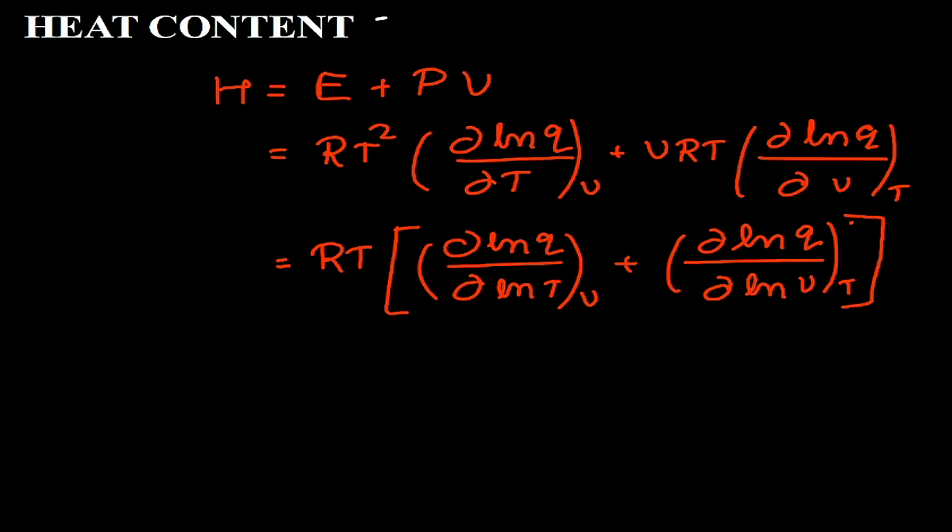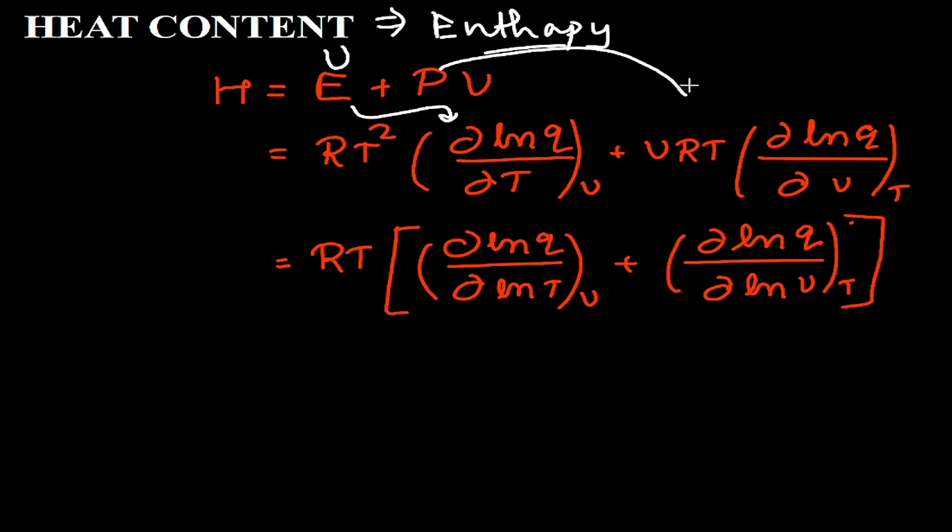Next we have heat content in terms of partition function, also known as enthalpy, and enthalpy is given as H = E + PV, or in a few books it is written as U + PV also. We could substitute the value of internal energy in terms of partition function as well as pressure in terms of partition function.